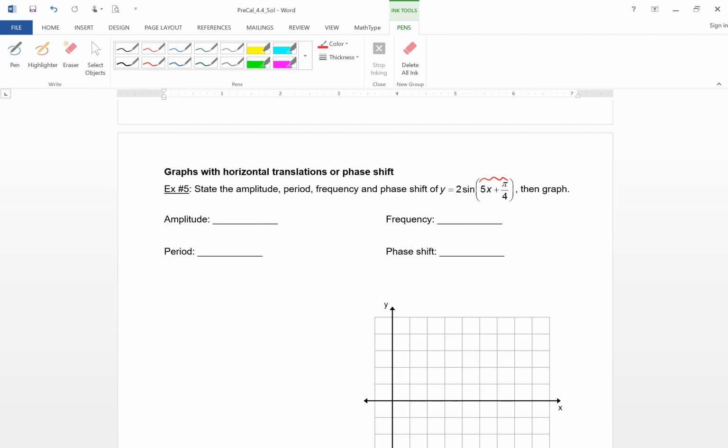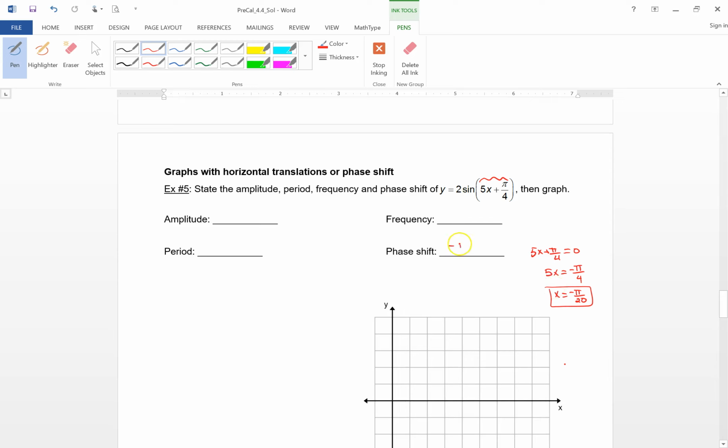Okay, so here I want to find the phase shift, meaning I'm going to take 5x plus pi over 4 and set it equal to 0. So 5x is negative pi over 4, x is negative pi over 20.